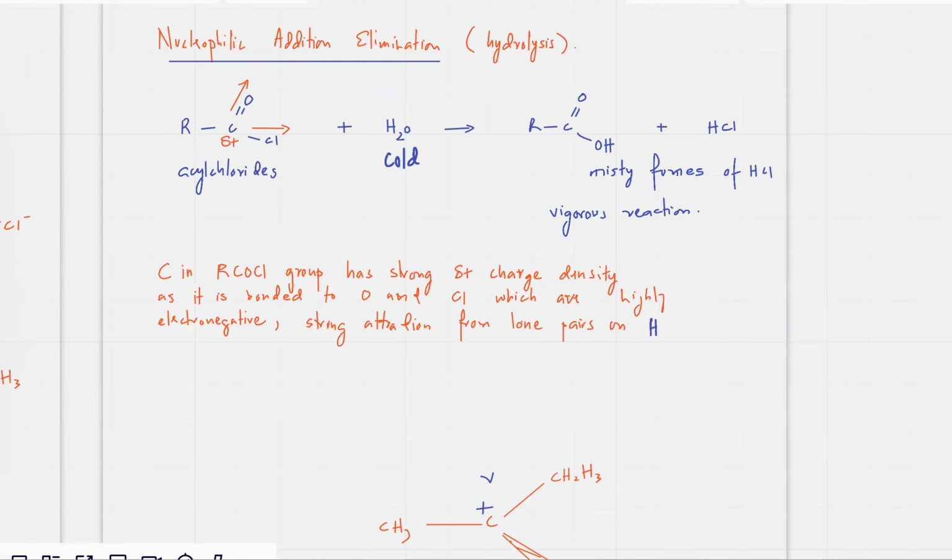So the water lone pairs are going to be attracted to the positive carbon very strongly, which is why you get a vigorous reaction.